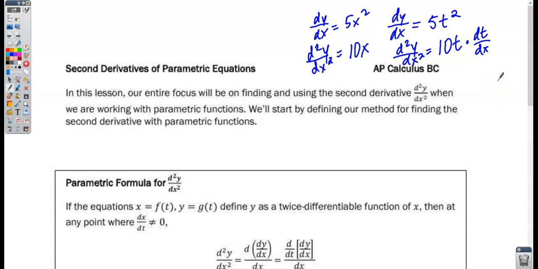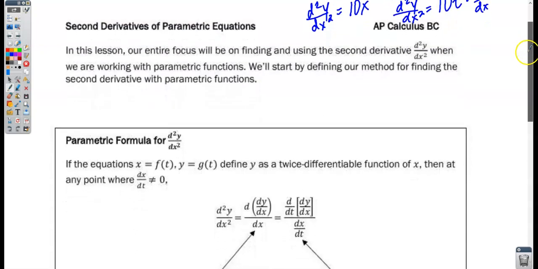And so in order to get this second derivative, I have a second factor in here that needs to actually take place. Since I take the derivative of this expression with respect to t, I need to multiply this by dx dt in order to make it equivalent to d squared y dx squared.